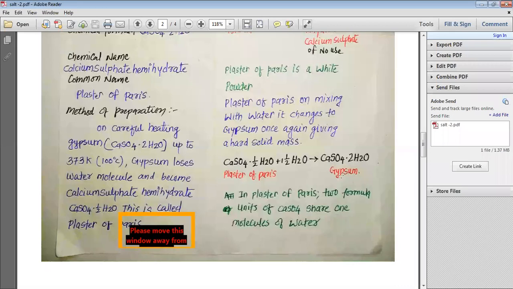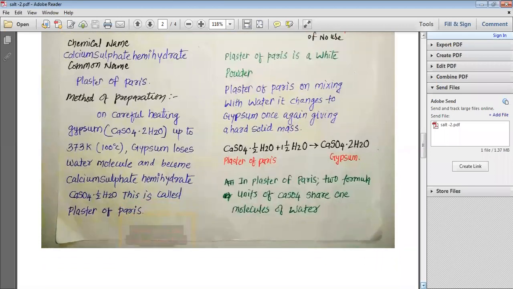This CaSO4 into 2 H2O is gypsum, so it forms the solid hard mass, and when it hardens, we can use the gypsum to make the airtight foundation for the various scientific apparatus.